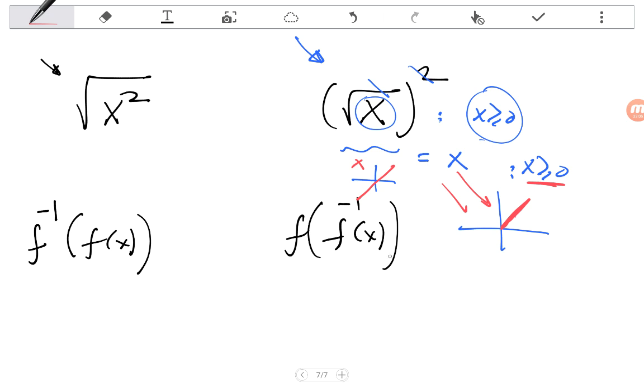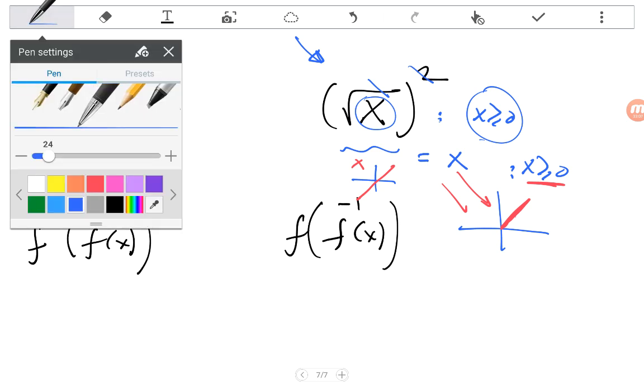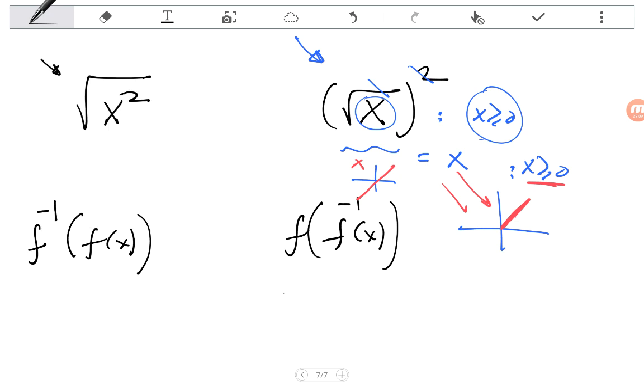So, what is the result now? If we need to find the result of this function, f inverse of f of x, the result is x, as if this cancelled this. But I have a condition. What is the condition of this rule?